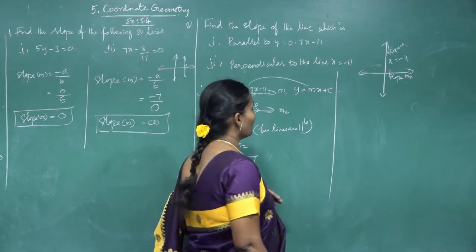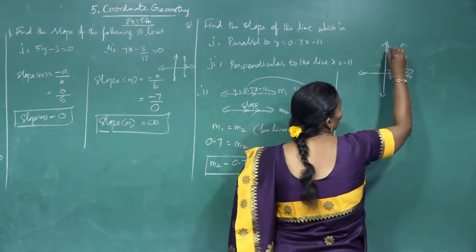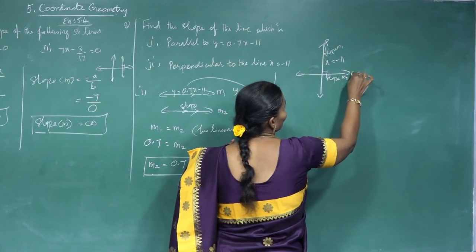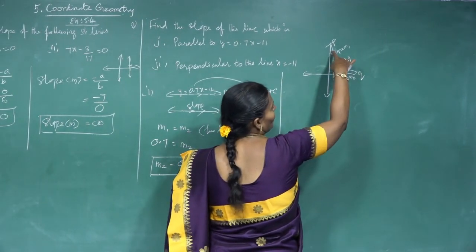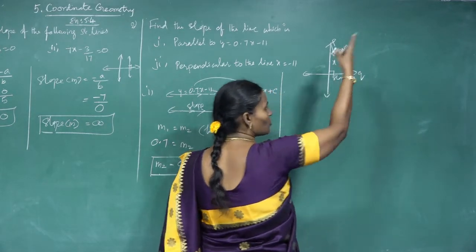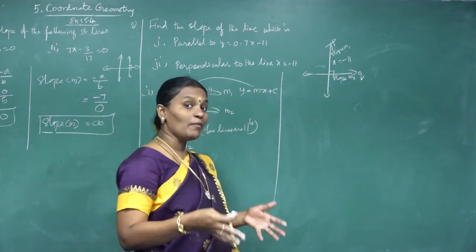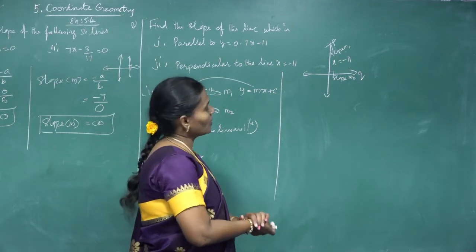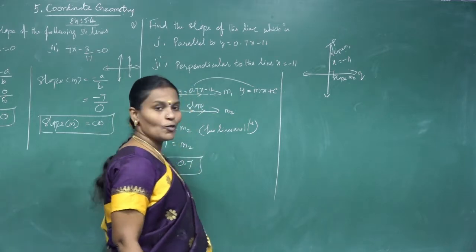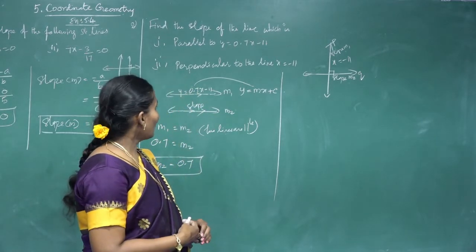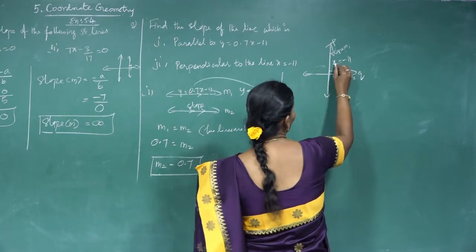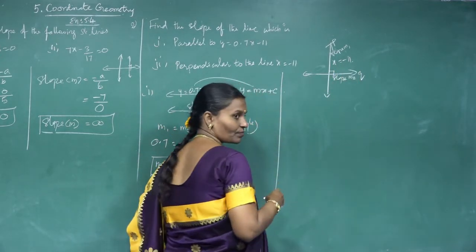Here you consider the slope of this line p is m1, and the other line is q, with slope m2. So you find out m2. First you find out the slope m1. How do you find it? Here x is equal to minus 11.